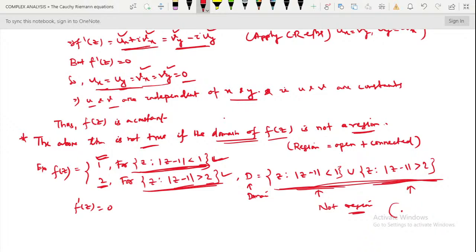Modulus of z minus 1 less than 1 means 1 is its center and 1 is its radius, and since this is an open circle, the boundary is not included.